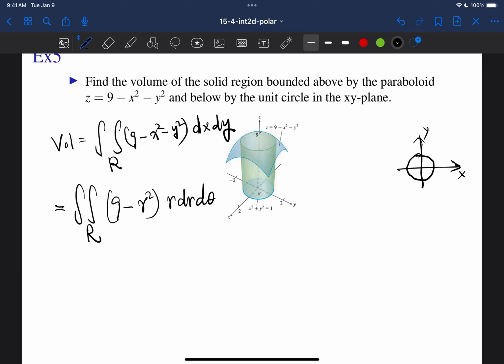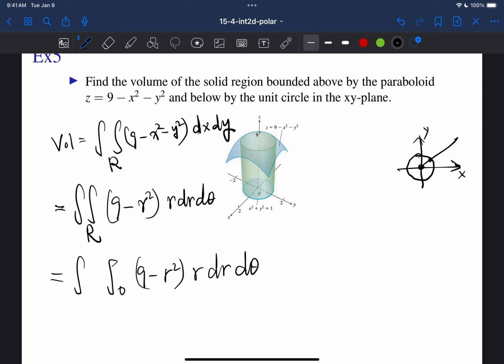Now it's time to get the upper and lower limits. For this unit circle, this is the simplest region for polar coordinates, because whenever you shoot a beam, no matter which angle, it starts from 0 and ends at 1.